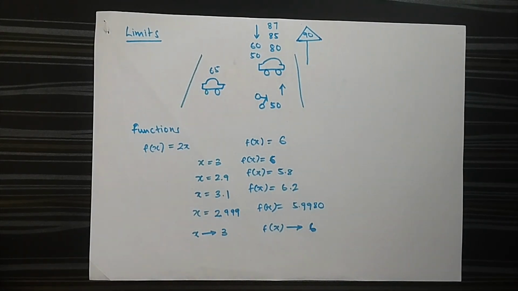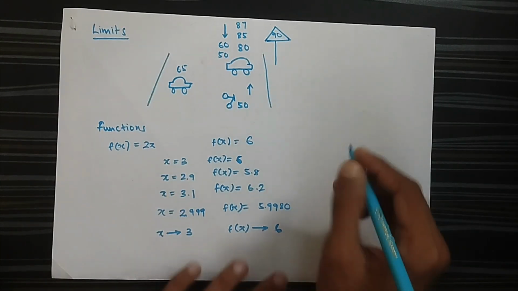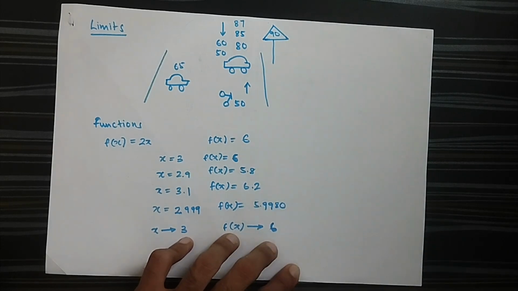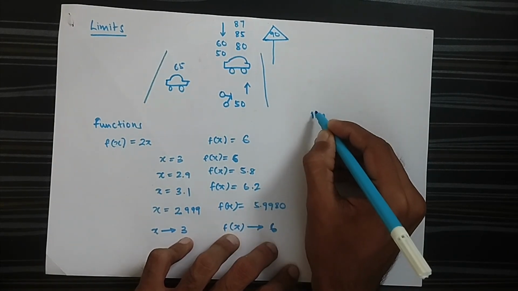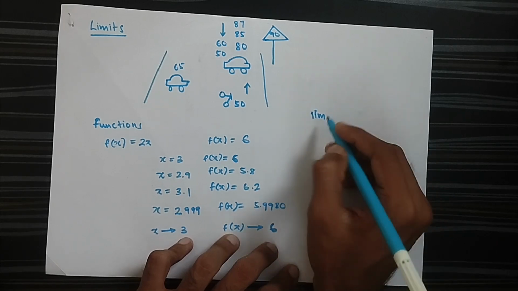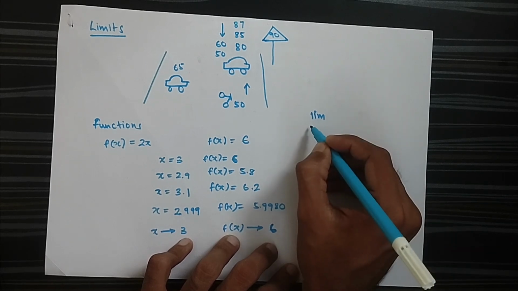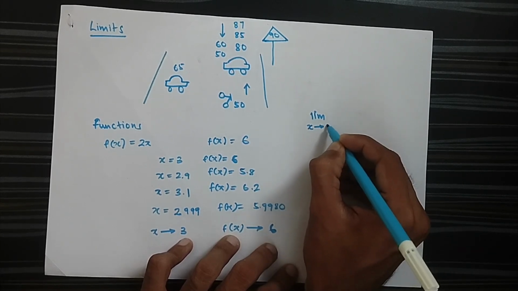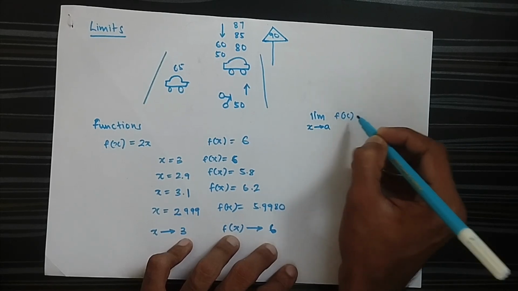Okay, so such an idea is involved in limits. We can express the limit in the form lim, some people write lt, I'll write lim for limit, x tends to a number, suppose we call it a, and we have our function f of x.